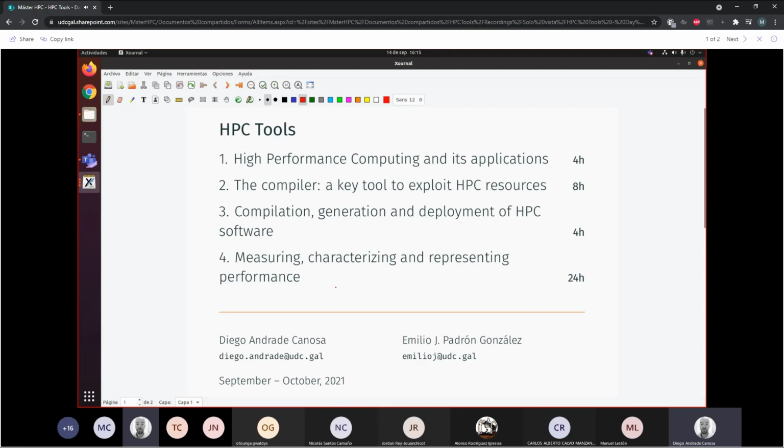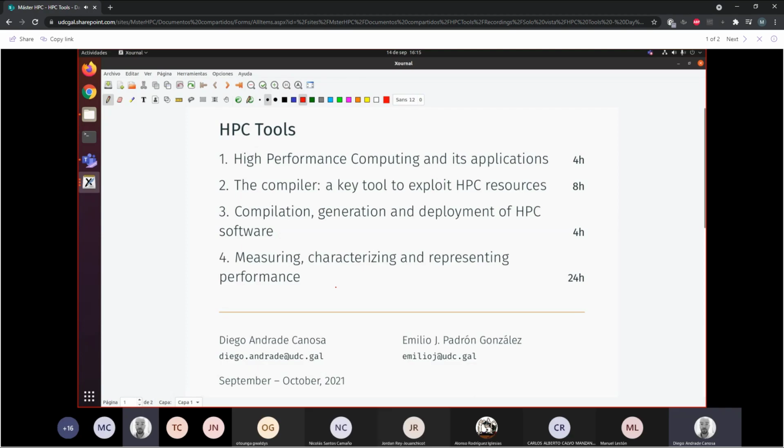Probably you have downloaded several times applications, I mean source code from applications from the internet, and you attempt to compile it on your own computer, or maybe to reproduce some results on your own computer, and you were not able to do it, or maybe yes, okay? So you are going to learn in this part of the subject how to make this process easier for the person that downloads your software, okay?